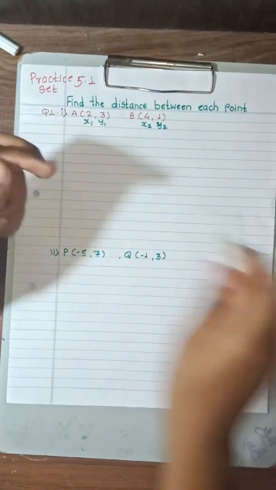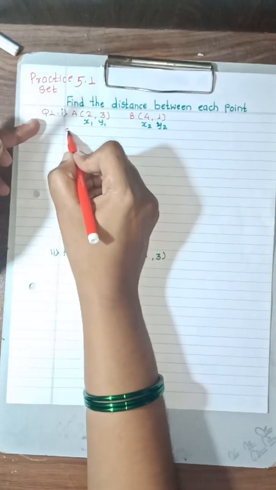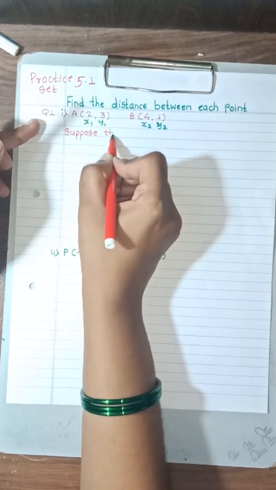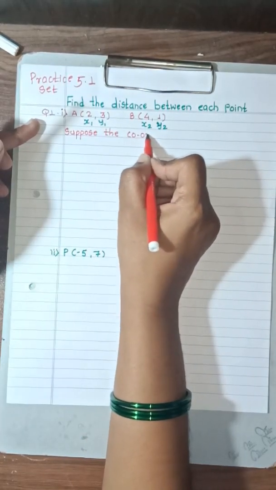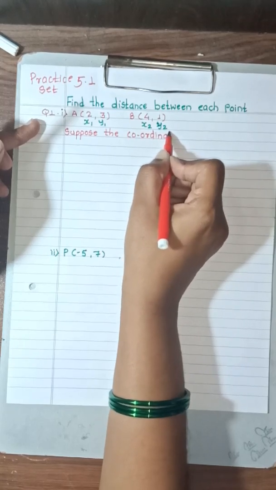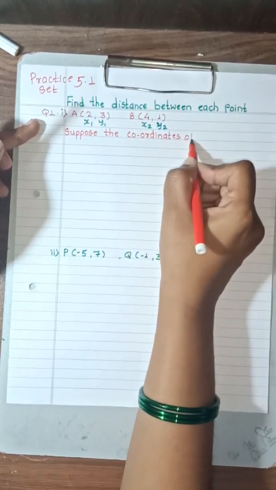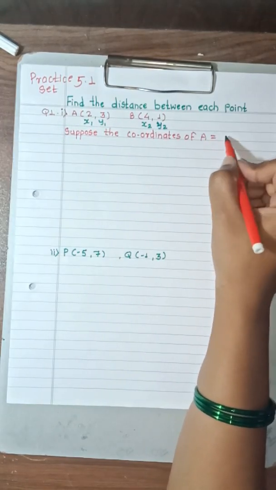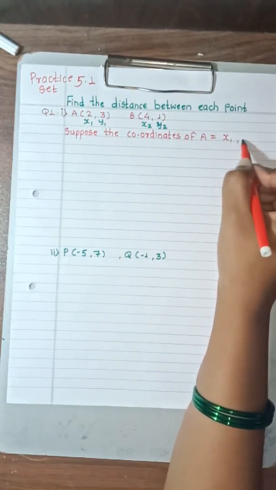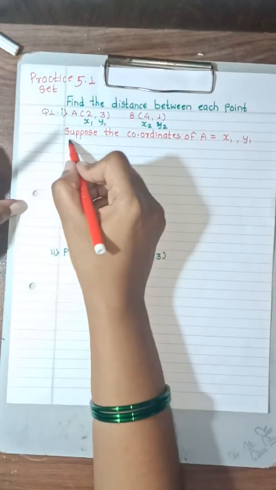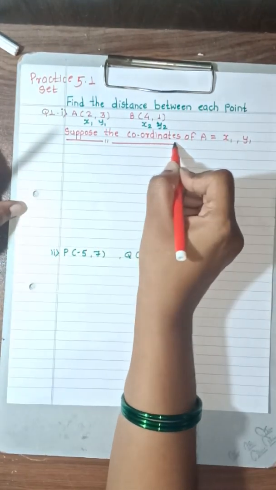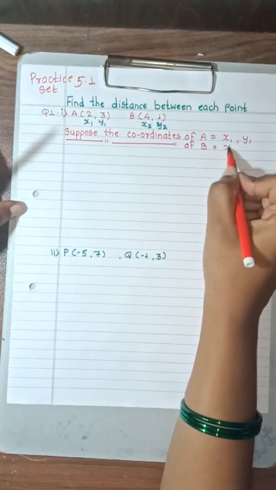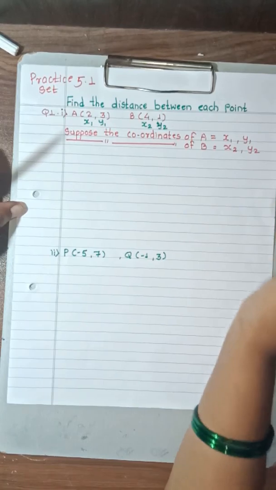Suppose the coordinates of A is equal to x1 and y1, and in the same way the coordinates of B is equal to x2 and y2.